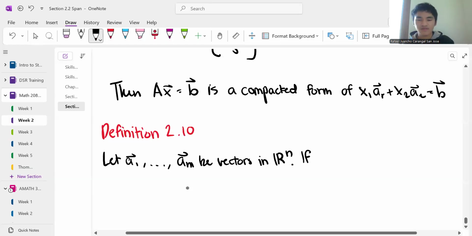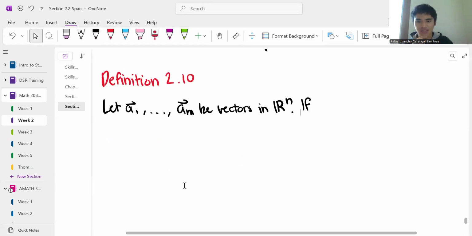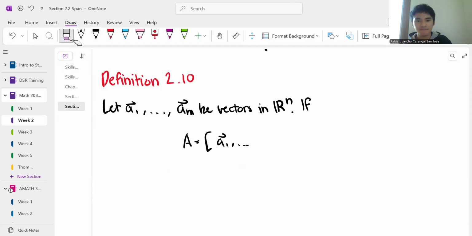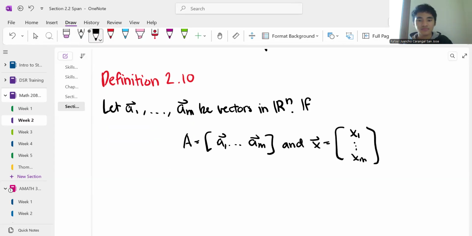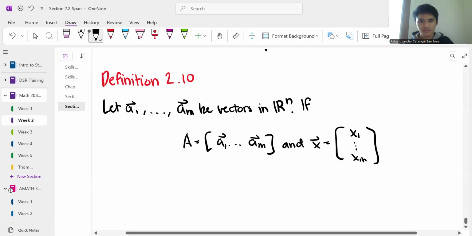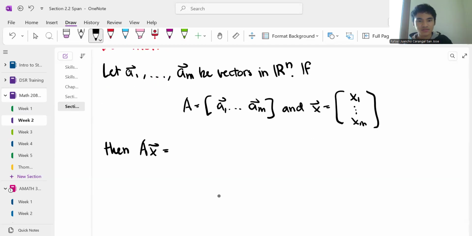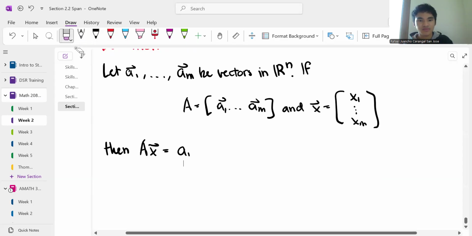If, say, A is this humongous thing, A sub 1 all the way to A sub m, and X being X sub 1 to m, then AX is just a linear combination, right?